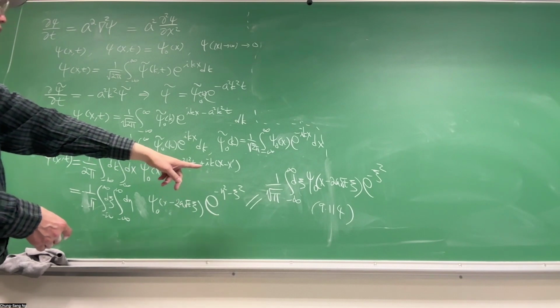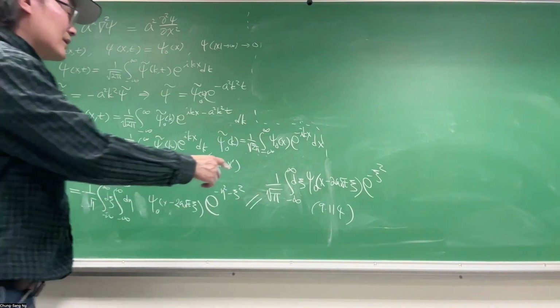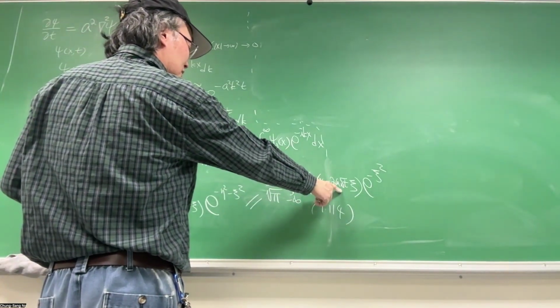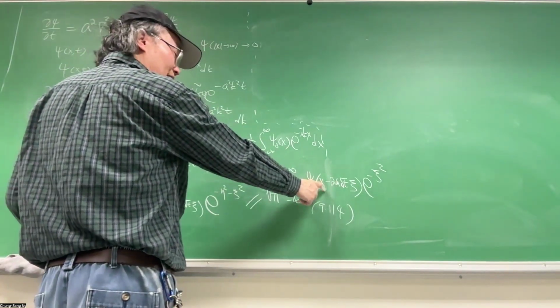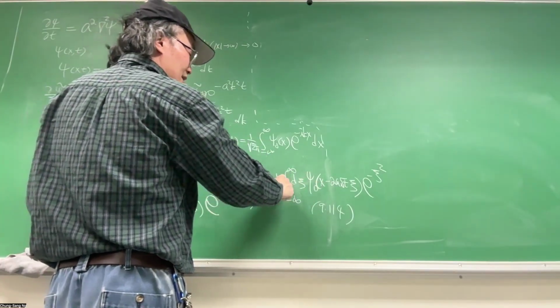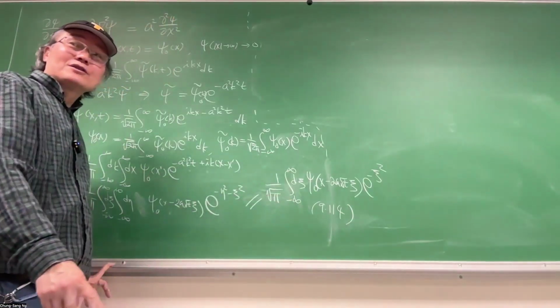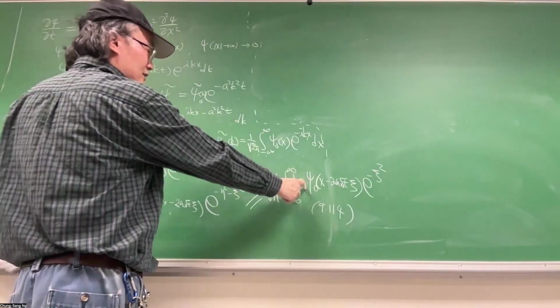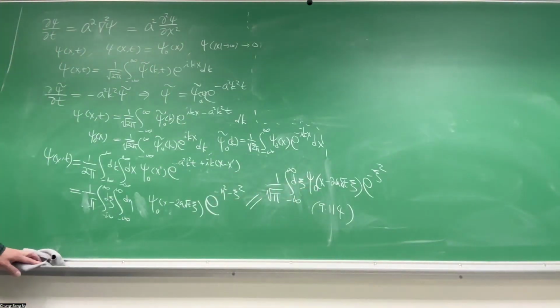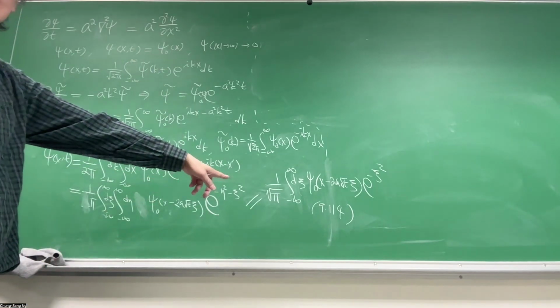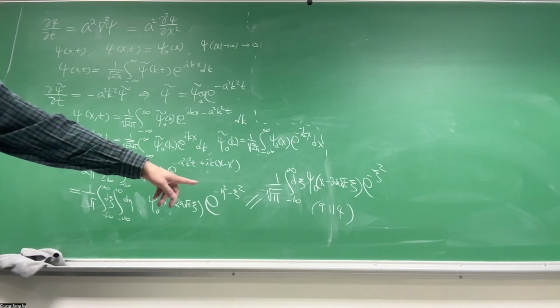The initial condition is easy to check because initially t is 0, so set t to 0, so this size 0 depends on x only, which is not involved in the integral. Then the integral becomes a Gaussian integral. You get square root of pi, cancel with the square root of pi, you get size 0 of x, which is the initial condition, right? So this solution satisfies the initial condition quite trivially.